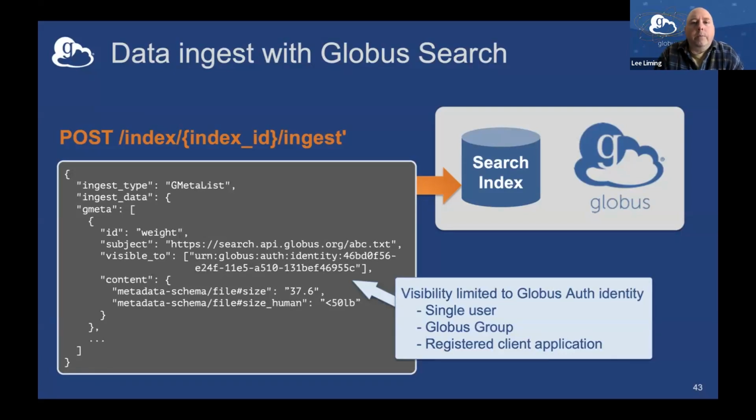These are all UUIDs in Globus, but it corresponds to lliming@uchicago.edu or some other user identity. Or more usefully, probably, this could be a group. So instead of Globus auth identity, this would be Globus auth group, and then there'd be the ID of a particular group. And so anybody who's in that group would be able to see this entry in the search results. And anybody who's not in the group, it would be invisible to, and it wouldn't come back in their results.